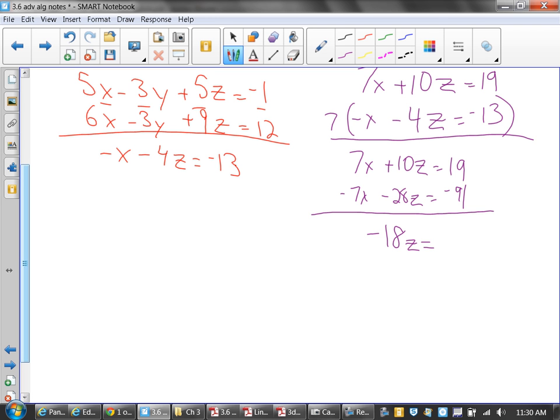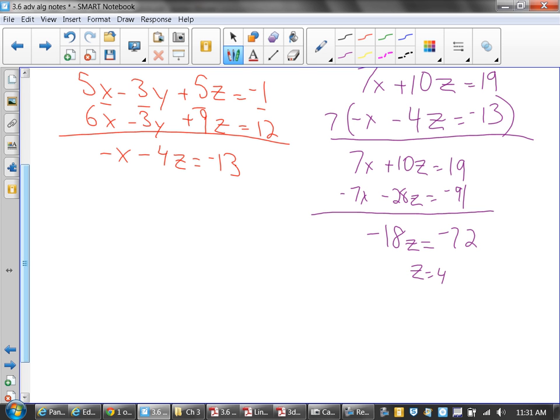No. 72, -72. Use your calculator. I got the answer. What's -72 divided by -18? 4, according to my calculator.